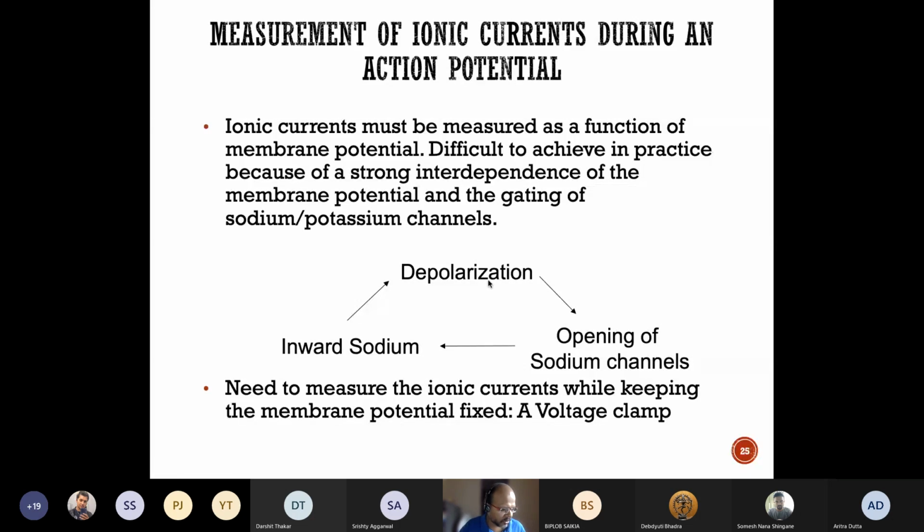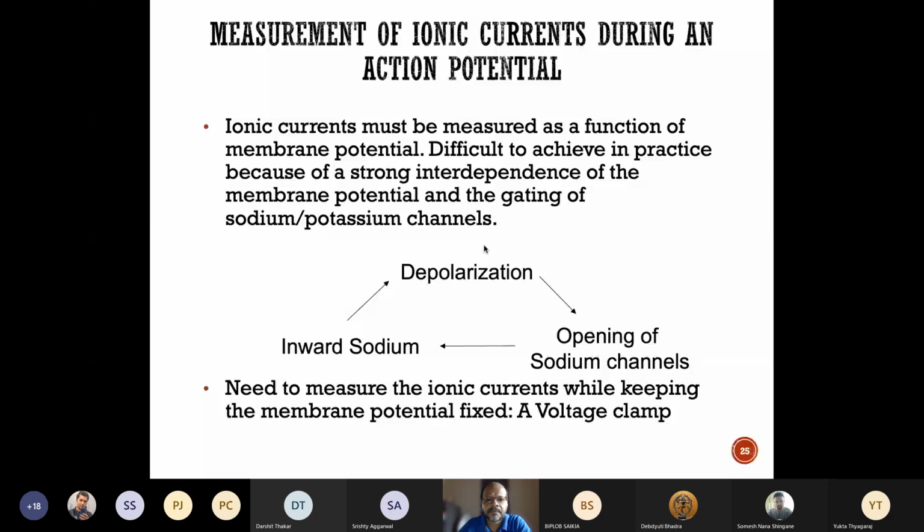Depolarization is just a fancy word for making the membrane more positive compared to its resting membrane potential. So values more than minus 60 millivolts is depolarization. So suppose I depolarize the cell and I start to measure the current. If it's a passive circuitry, the current is going to be constant. It's just the voltage difference divided by the resistance, as I mentioned earlier.